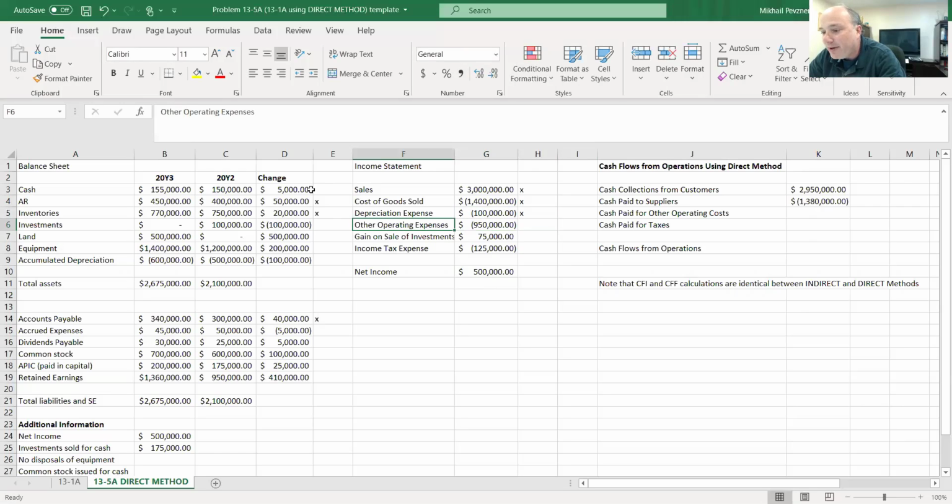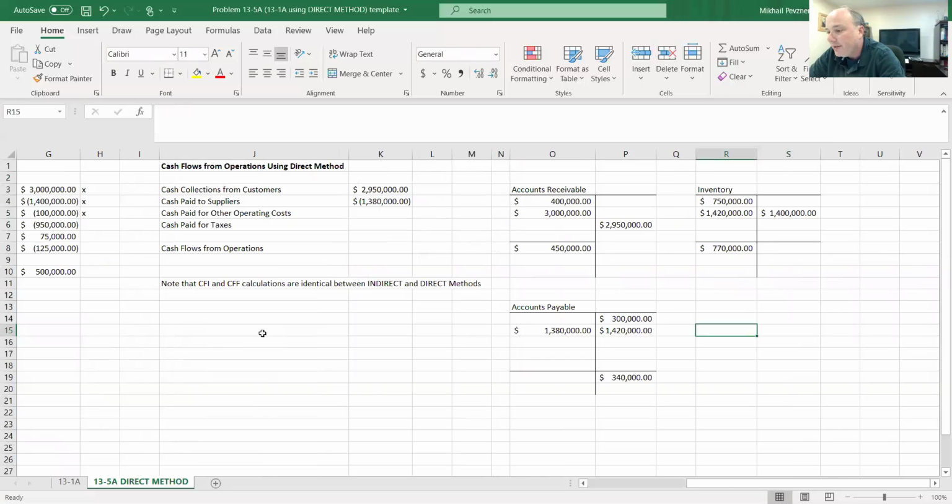So I have this other operating expenses. That's what will pertain to basically things like sales and general administrative expenses, cash paid for other operating costs. And what is the corresponding account on the balance sheet? It will be accrued expenses, right? Things like that's what it goes through.